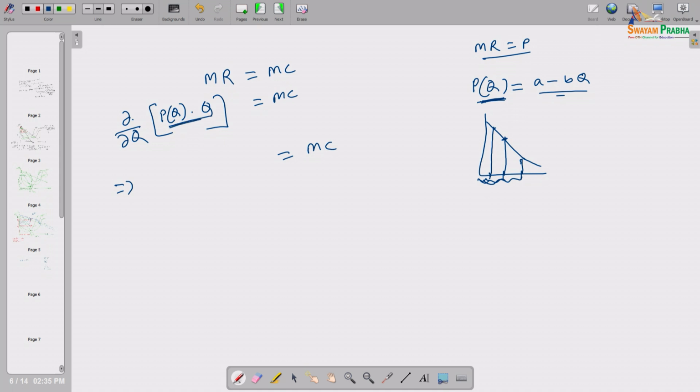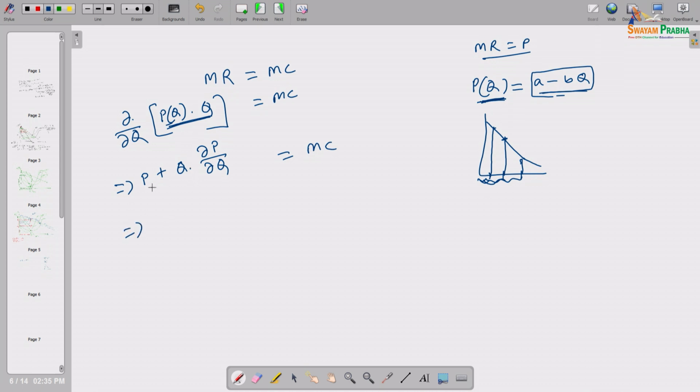If you take the derivative of this component in general, when we do not know that the explicit form is there, in the general implicit form P as a function of Q, if you take the derivative with respect to Q, what will you get? It will be price itself, because price times del Q, plus Q times del P by del Q, equals MC.